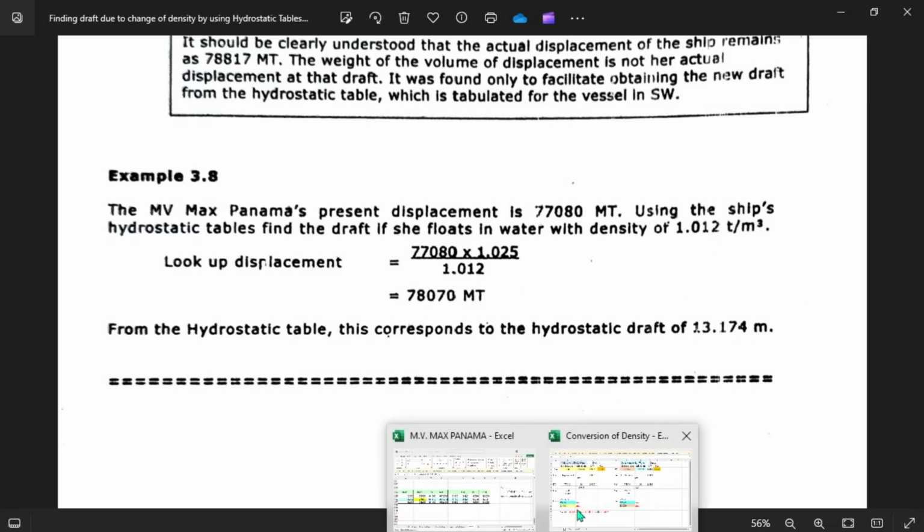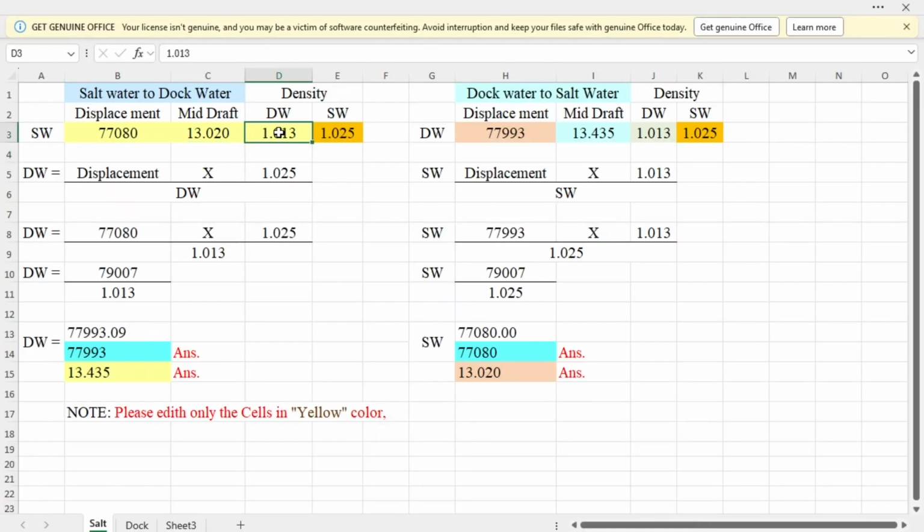So we change this one with 1.012, and the resultant displacement will be 78070.